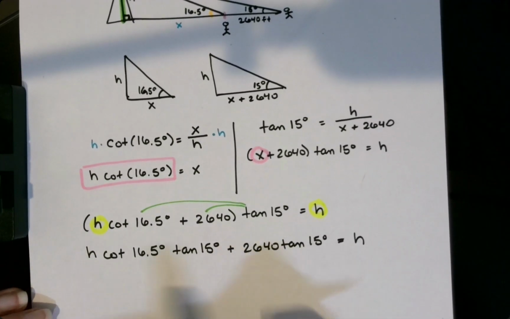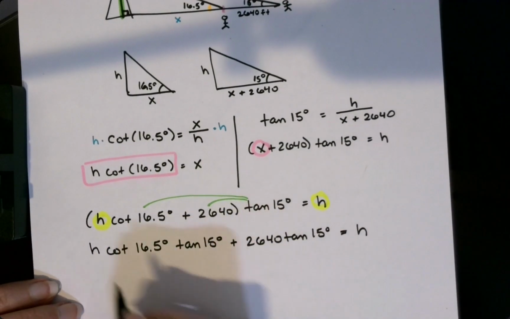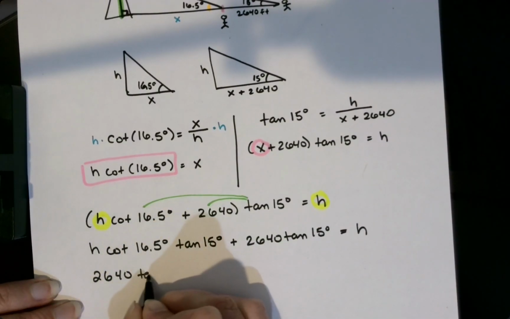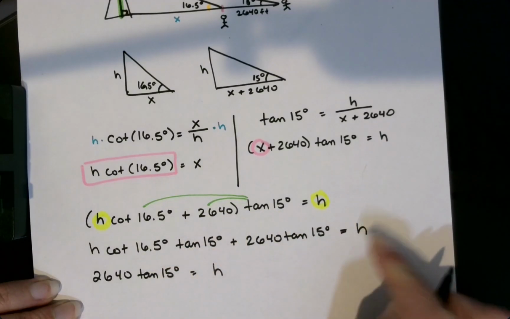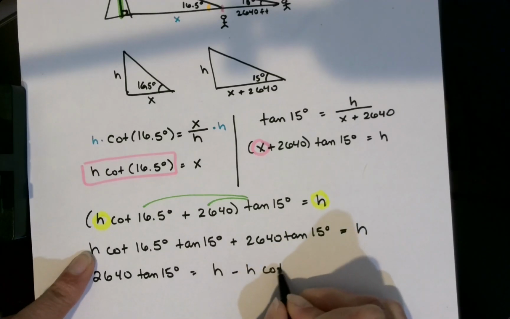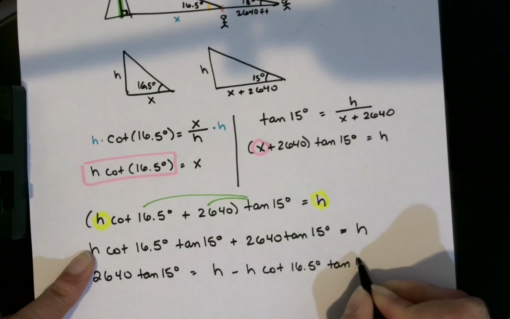I'm leaving them exact just because I can, but you can make them decimals if that helps. I'm going to take this entirety and subtract it over. So the 2,640 tan 15 is going to be by itself. It's going to be equal to the h that was already there minus the h times the cotan of 16.5 tan of 15.